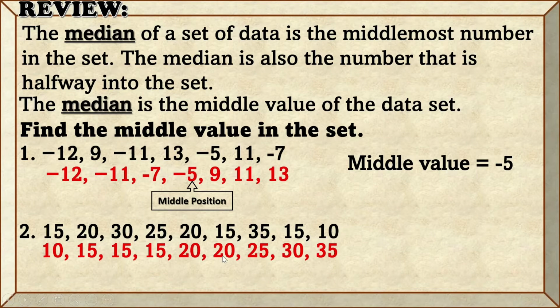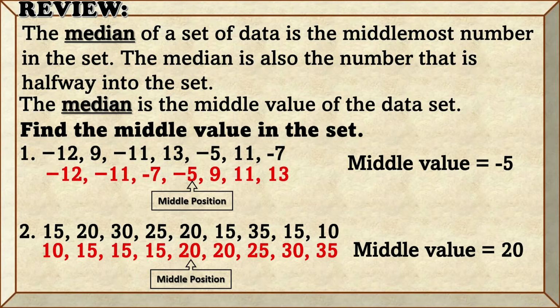So, 20, 20, 25, 30, and 35. Kung bibilangin natin, meron tayong 1, 2, 3, 4, 5, 6, 7, 8, and 9 data. So, 9 is an odd number at ang ating middle value ay ang panglimang number, which is 20. Therefore, the middle value or the median is 20.